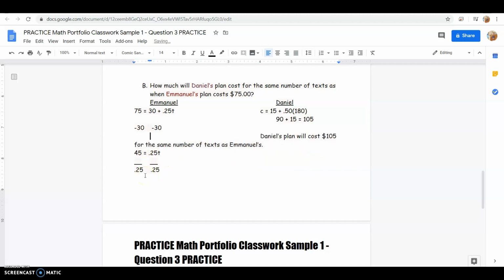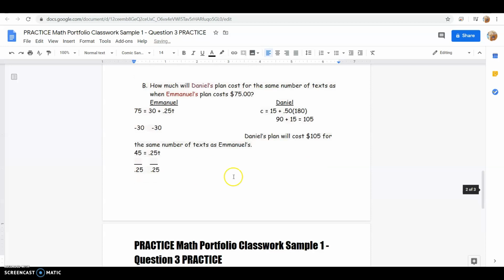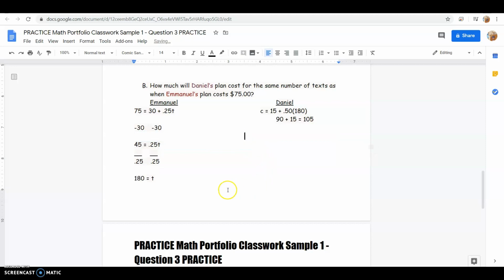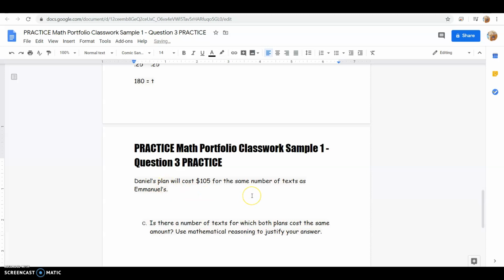Little formatting problems there, right? But as long as you have this and you write it down where I ask for your answer, you can put it at the bottom. Makes it easier. You need to show your work though. So here, if you want to write it here, that's fine.